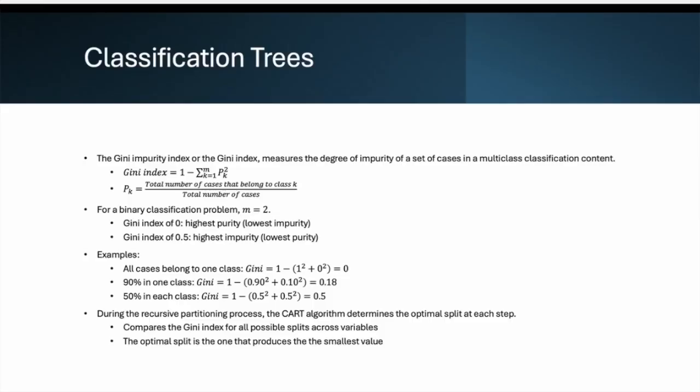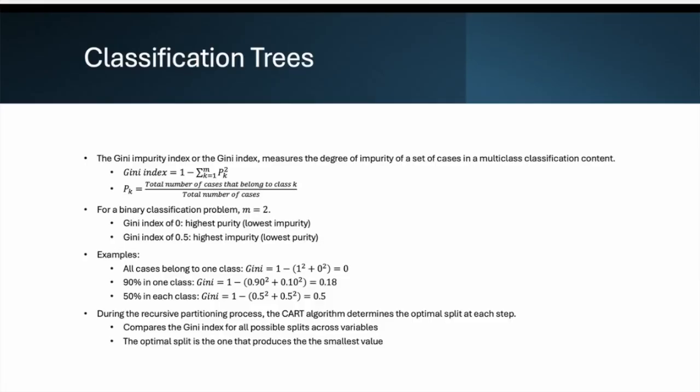The goal is to get the lowest Gini index, which tells you that you have the lowest impurity or the highest purity. The opposite way around, if the Gini index gets to the highest value, 0.5, that means you have the highest impurity. The Gini index measures the degree of impurity of a set of cases in a multi-class classification context, and it is the one we are going to use to determine the optimal split at each step.